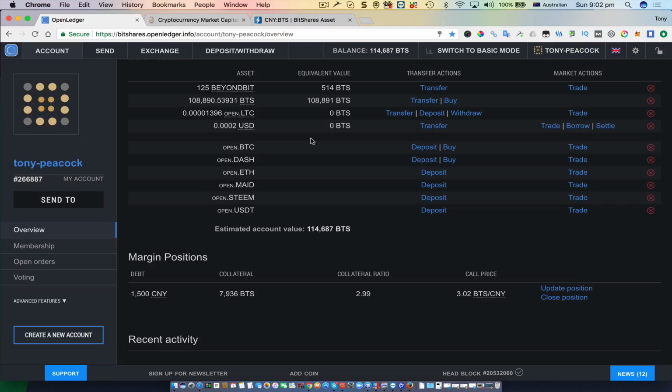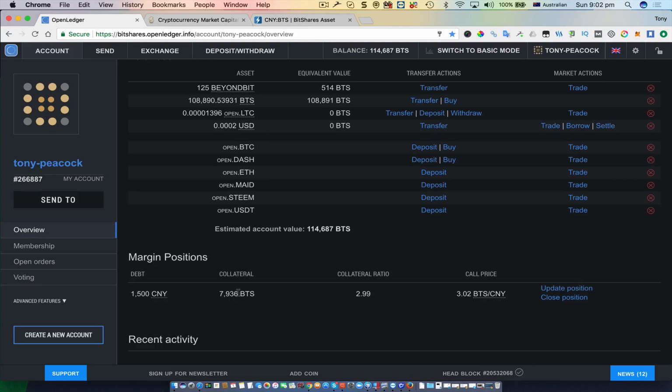So this is what I love about Bitshares. I'm using my collateral to borrow money to then buy more Bitshares, assuming that Bitshares is going to go up in price, and then I can close out my position and I'm left with more Bitshares. Isn't that wonderful? That's what's so amazing about the Bitshares decentralized exchange.